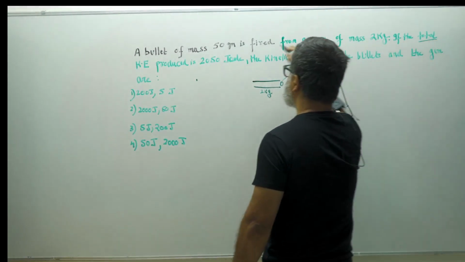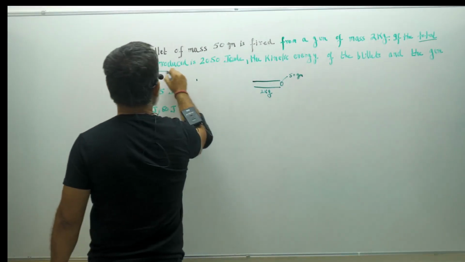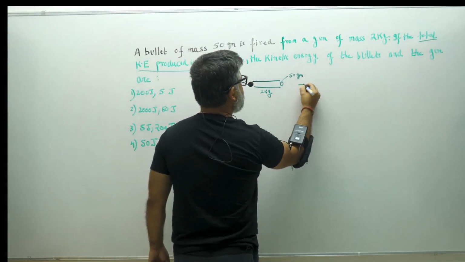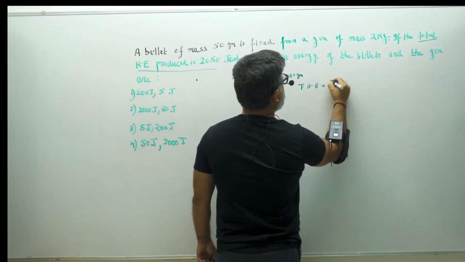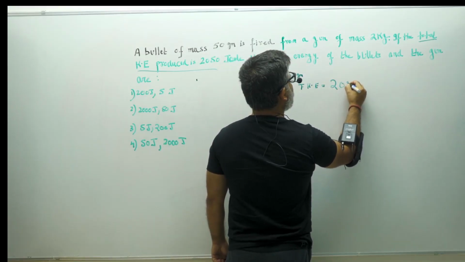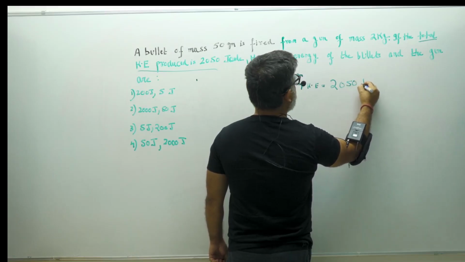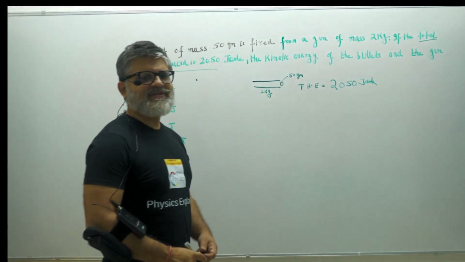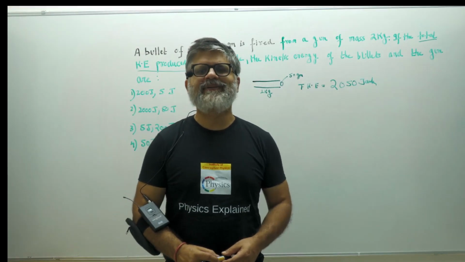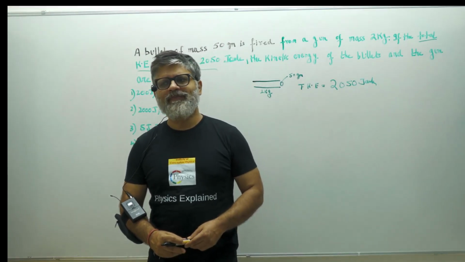Okay, there is no energy which is generated. The total kinetic energy is 2050 joule. Question is, how is this kinetic energy getting split between the 2 masses?